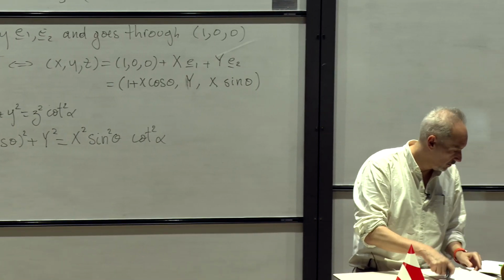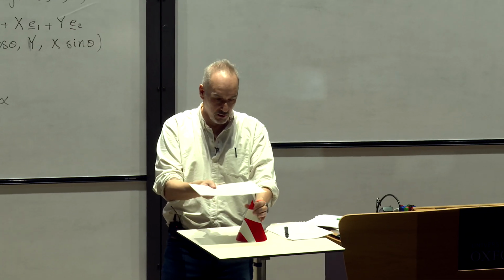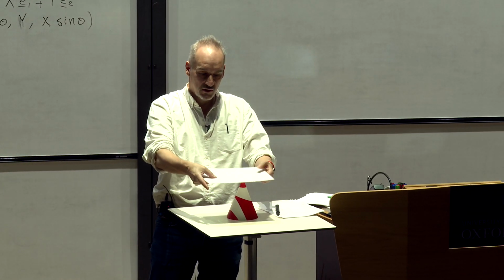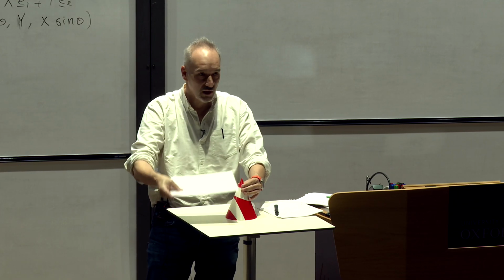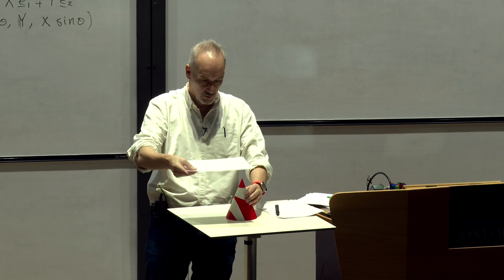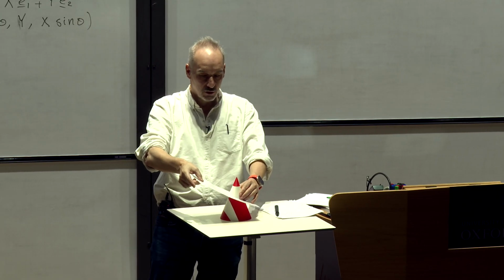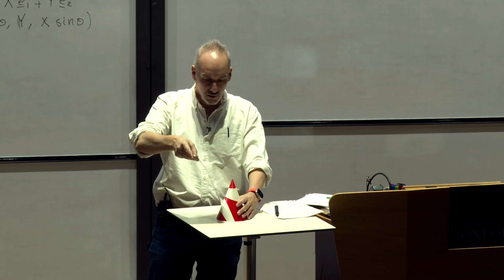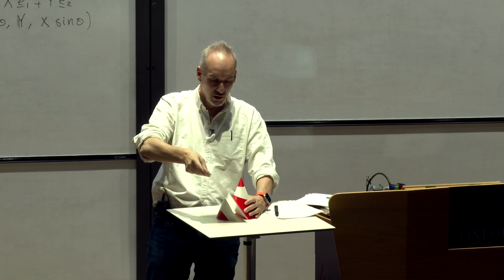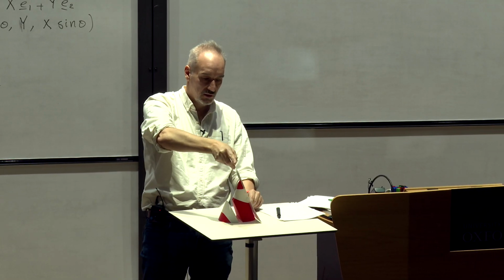And clearly, okay, do I have a plane? Here is a plane. So my point here is (1, 0, 0). I can't get the circle because I would have to do a translation, and that's not part of it. But I can make this intersection, and that would give me an ellipse. If I have this particular angle here, you can see this particular angle is the same as this one.